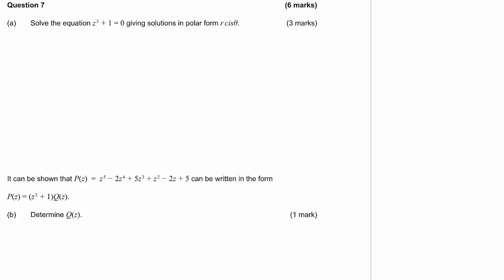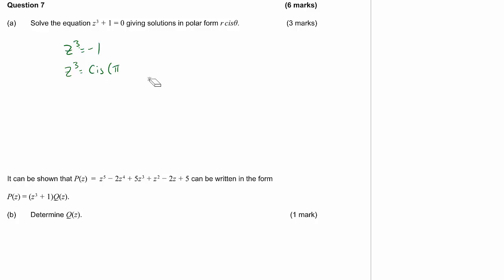Solve the equation z cubed plus 1 equals 0, giving solutions in polar form. So we have z cubed equals negative 1, which means z cubed is equal to cis pi. Cis pi is negative 1.